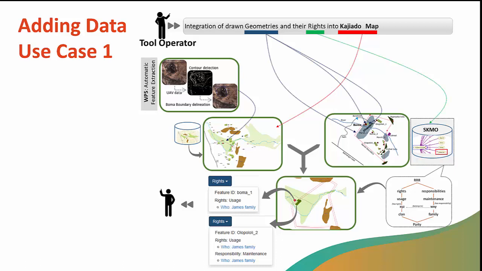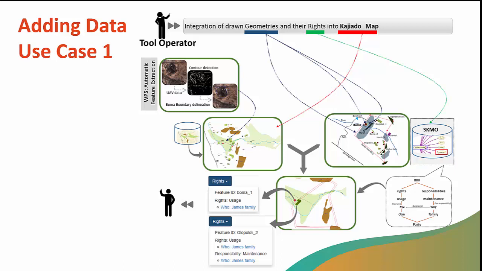This is the first use case which illustrates how to add data to SmartSkeMa. In this case, our users are tool operators. For example, people from land registration offices or land use planners, or people from non-governmental agencies involved in community mapping.